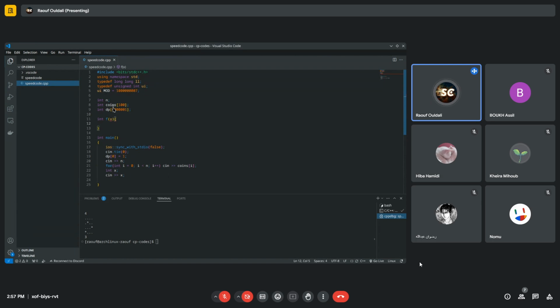And of course, we fill this with minus ones. So if x is negative, we return 0.